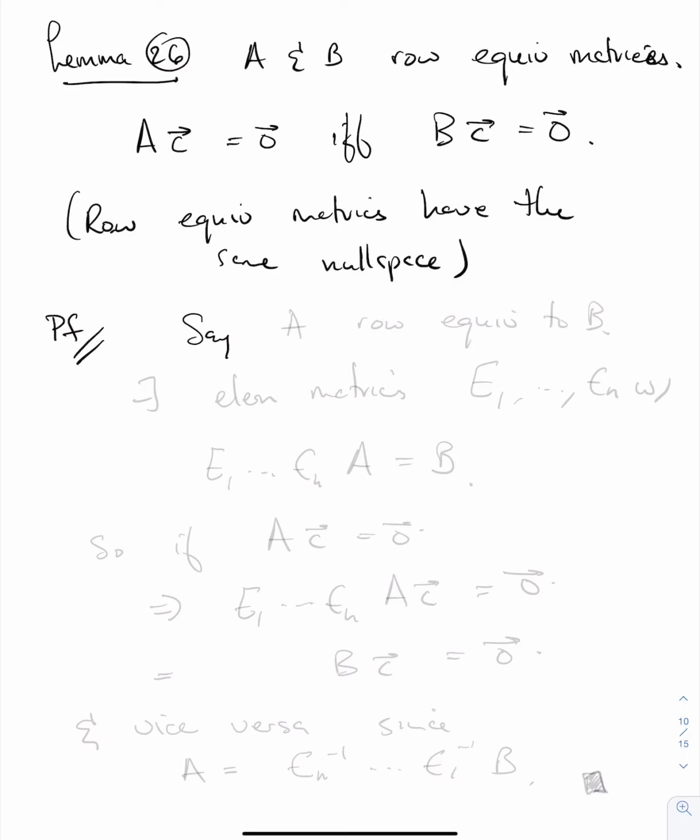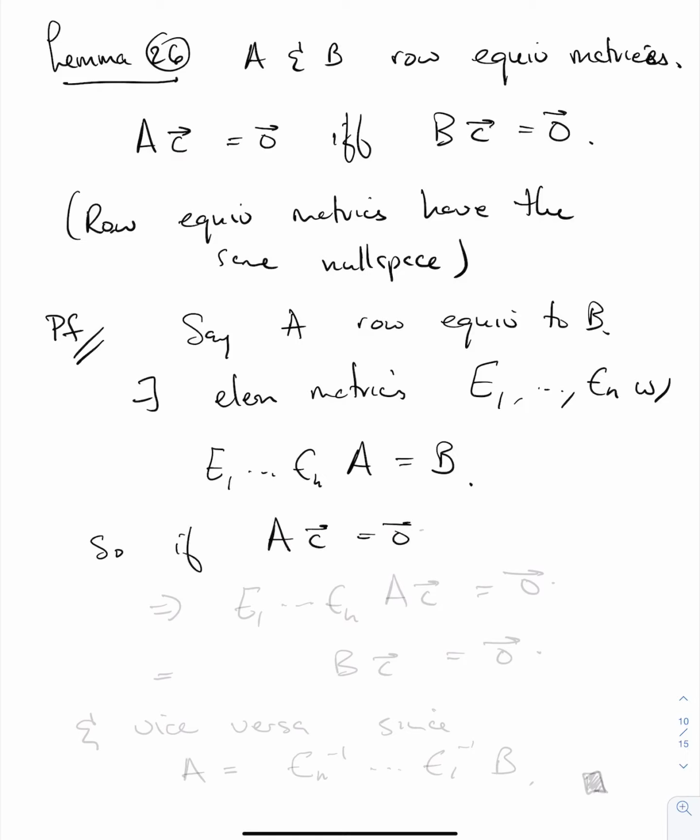Say A is row equivalent to B. This means, of course, as usual, there exist elementary matrices E1 through En that represent the elementary row operations that take us from one matrix to another. E1 through En times A is going to be equal to B. So if Ac is equal to the 0 vector, this means that E1 through En times Ac is also equal to the 0 vector. But of course, this is just B. So Bc is equal to the 0 vector.